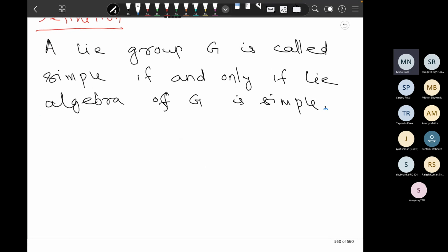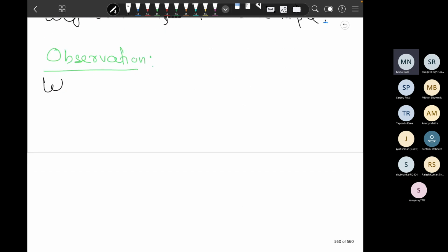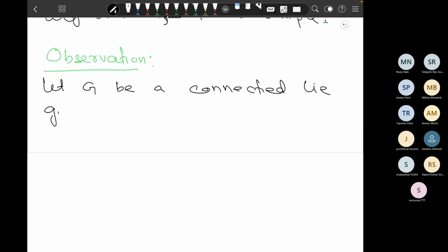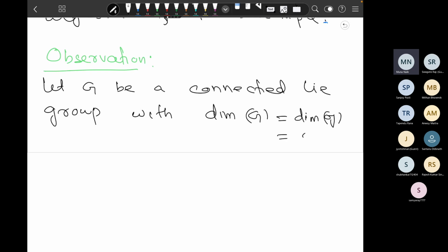Okay, now discussion. Observation. Let us see. Let G be a connected Lie group with dimension of G, which is equal to the dimension of the Lie algebra, equal to 1.